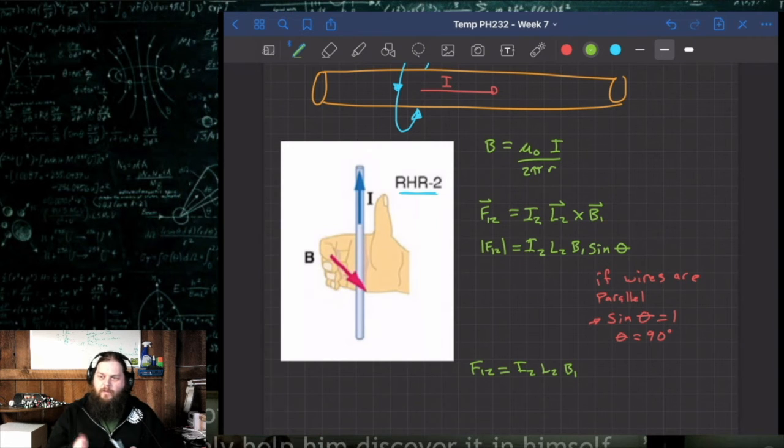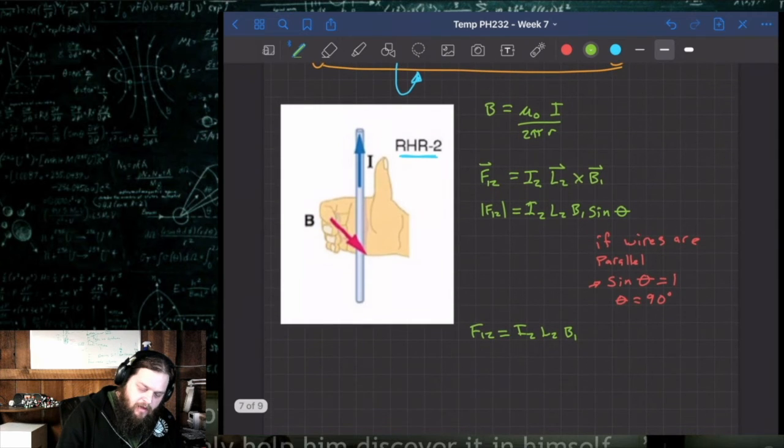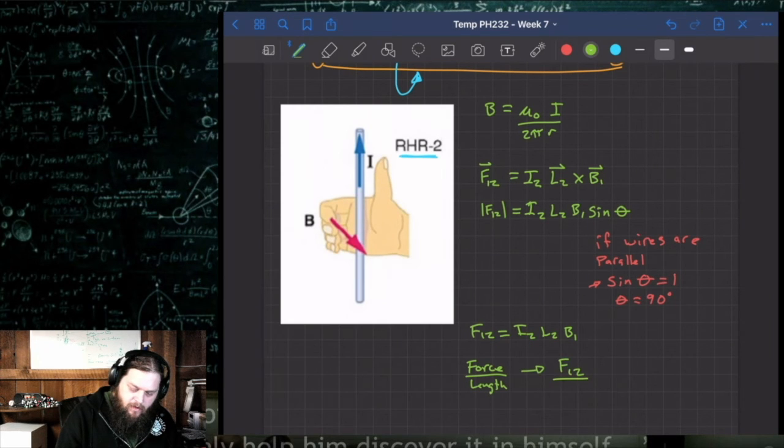So that's why it's the force of 1 on 2 when I write 1 2. And we can look at it as force per length. We take that same equation, 1 to 2, and divide by L2. By dividing by L2, this is equal to I2 B1.